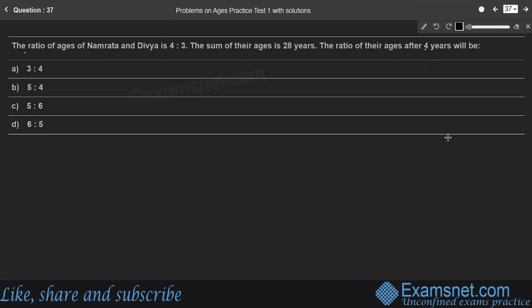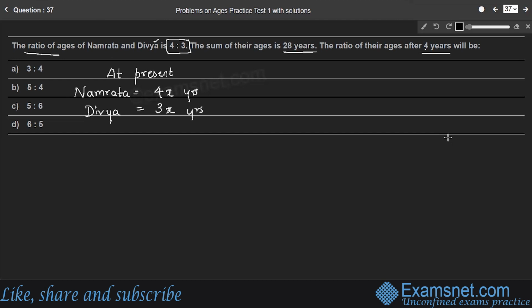Question 37. The ratio of ages of Namrata and Divya is 4 is to 3. The sum of their ages is 28 years. The ratio of their ages after 4 years will be. So, very easy question. We'll consider their present ages based on the ratio 4 is to 3. So we'll consider Namrata's age as 4x years, and Divya's age as 3x years, so that the ratio becomes 4:3.